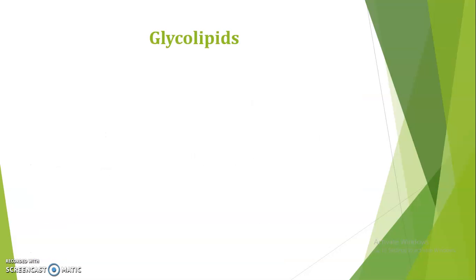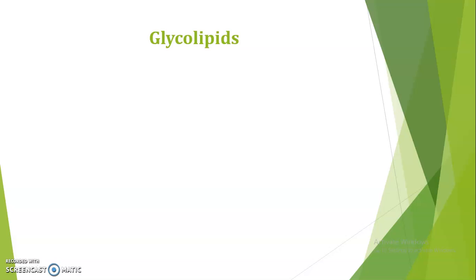After this, the next type of compound lipid is glycolipid. We know that after phospholipids, the second and one of the major important classes is glycolipids. Glycolipids are nothing but lipids in which sugar is present as the non-lipid portion. That's why the name is given as glycolipids.